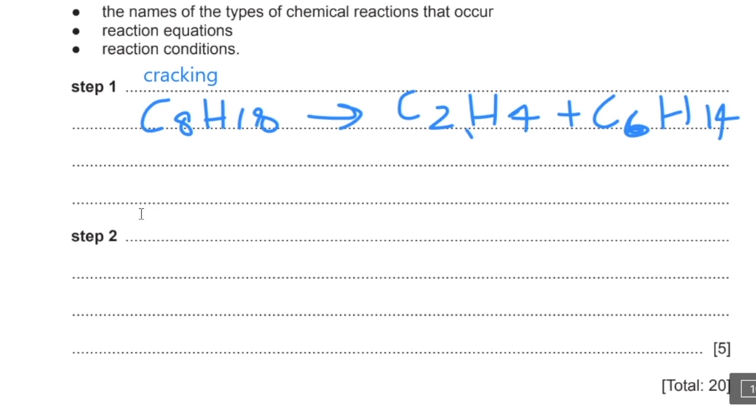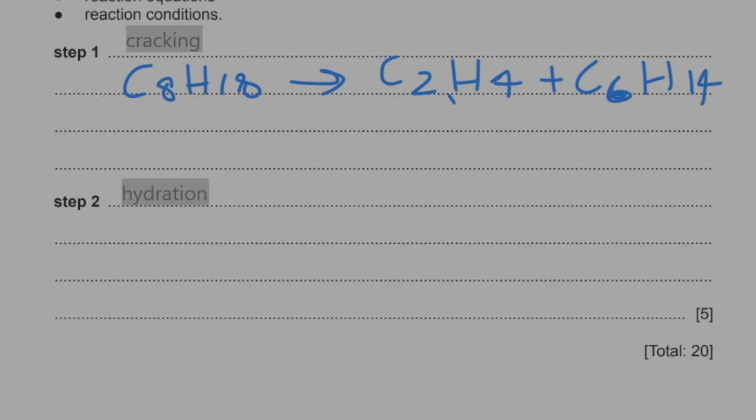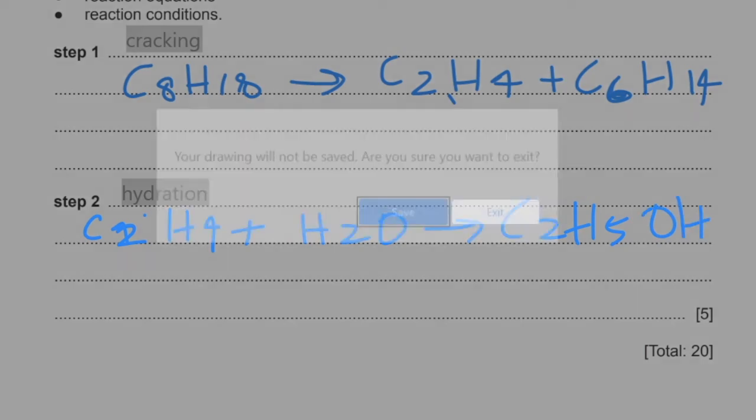So now we have step 2, which is hydration of ethene. The chemical equation of ethene, C2H4 plus water, gives ethanol, C2H5OH, and the reaction conditions.